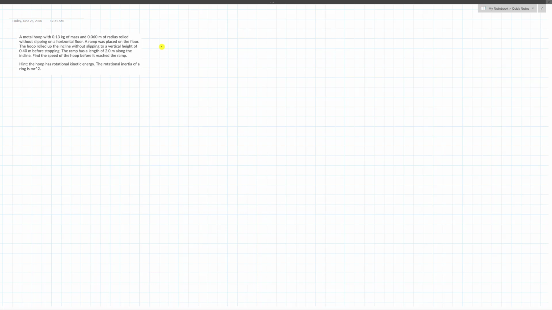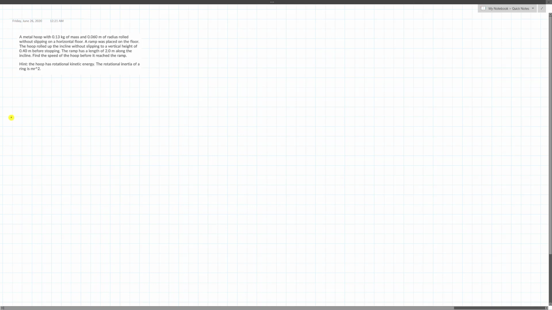So let's do a diagram. So we have, oh, that's okay, tilted. Okay, this is better. We have an incline.